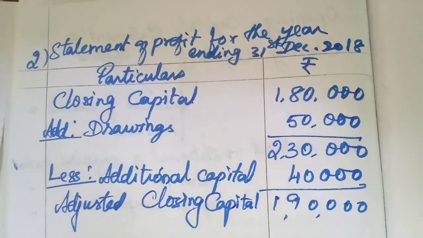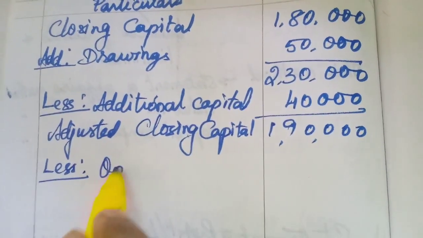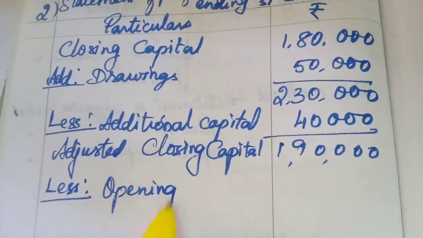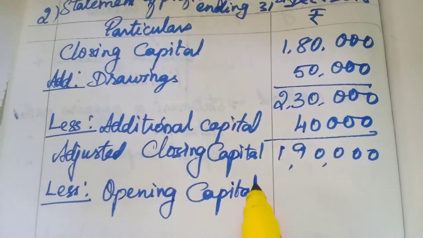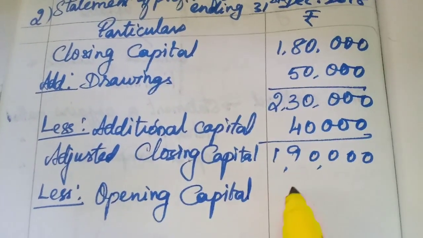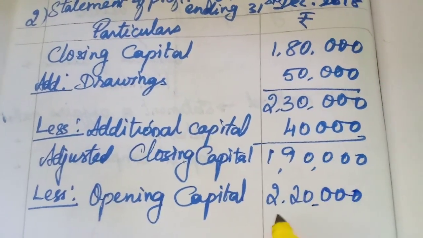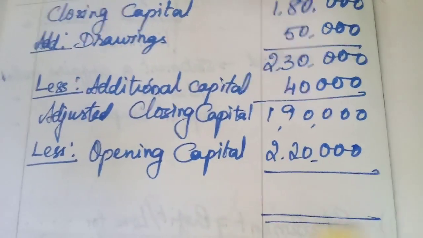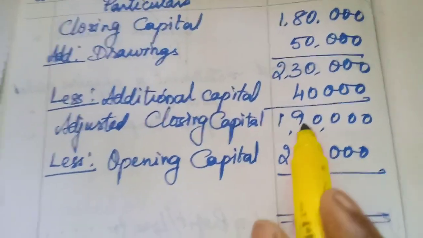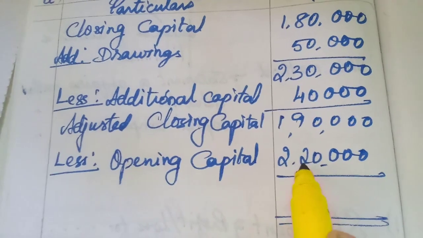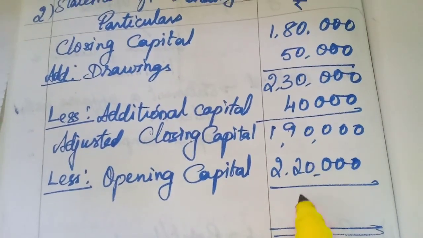Adjusted closing capital. From this we have to deduct the opening capital. Opening capital is 2,20,000. Here you see the opening capital is more than the closing capital. So we have to deduct 1,90,000 from 2,20,000. How much we will get here? 12 minus 9, 3.